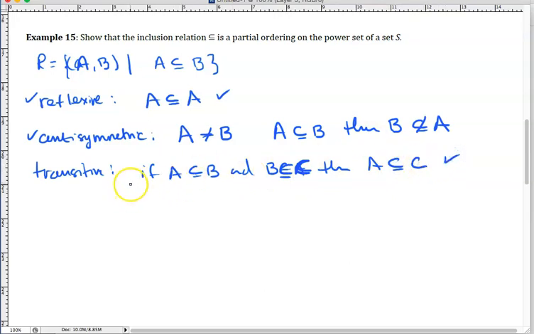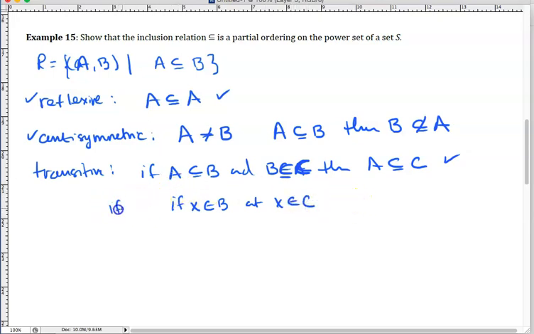Kind of just like thinking of set properties. If x is an element of a, and a is a subset of b, then x is an element of b. And b is a subset of c, which means x is also an element of c.